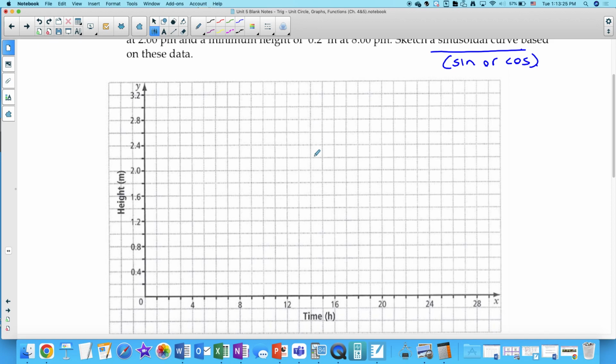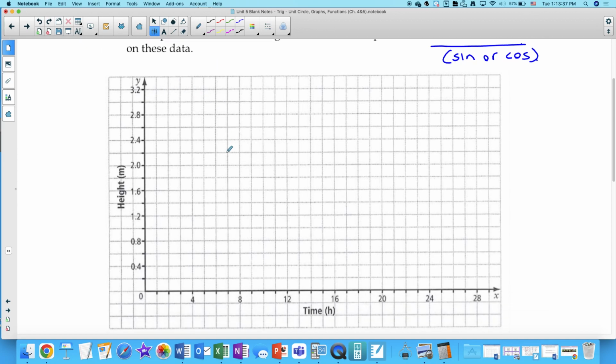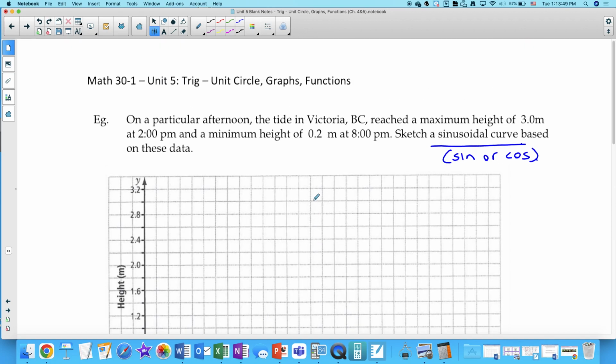The maximum height occurs, 3 meters, at 2 p.m. So 2 p.m. would be here, 1400 hours. That's 2 p.m., right? And at that point we are at a maximum height of 3.0 meters. So that's right here.